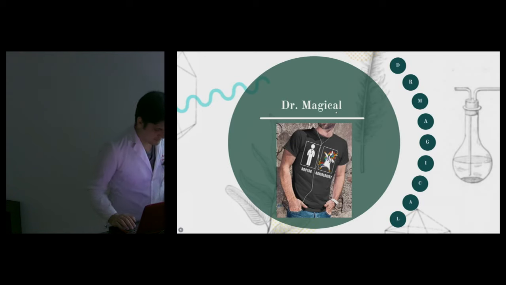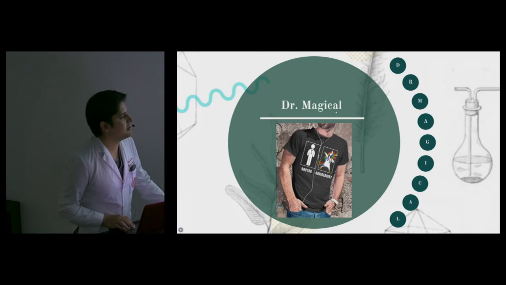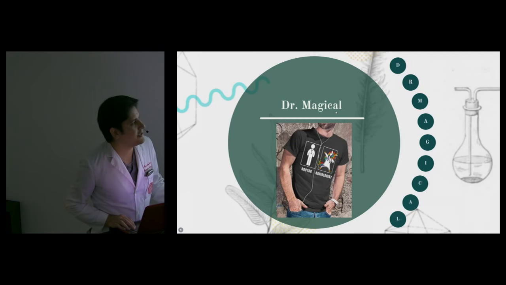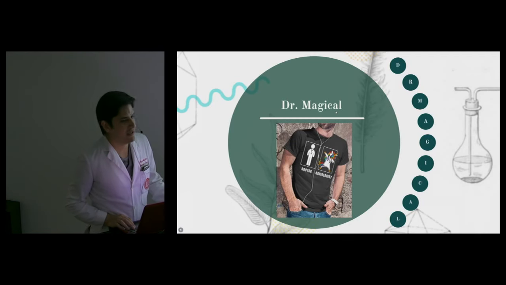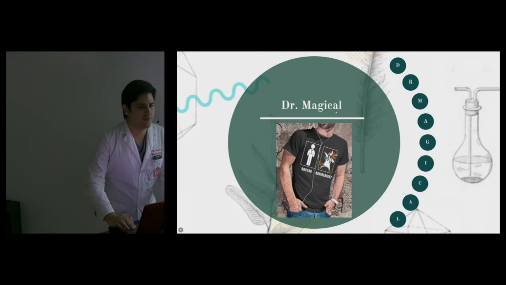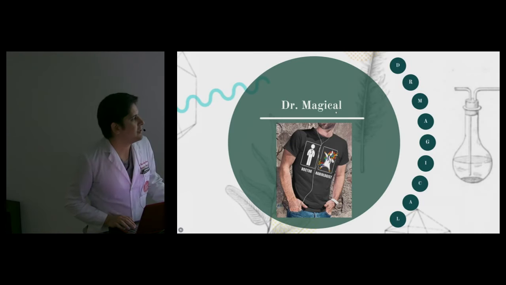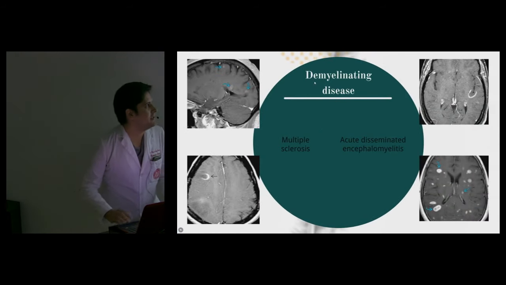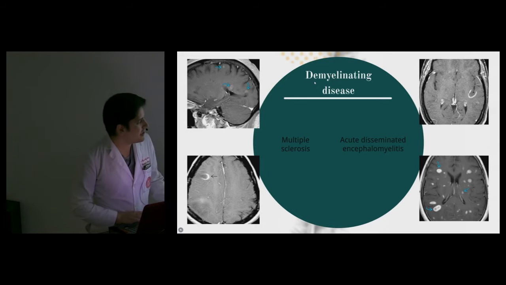Well, for the revision of this subject, I just want to give you a mnemonic for the multiple rim enhancing lesions. This is the mnemonic Dr. Magical, like us. The D is for demyelinating diseases like multiple sclerosis and acute disseminated encephalomyelitis.